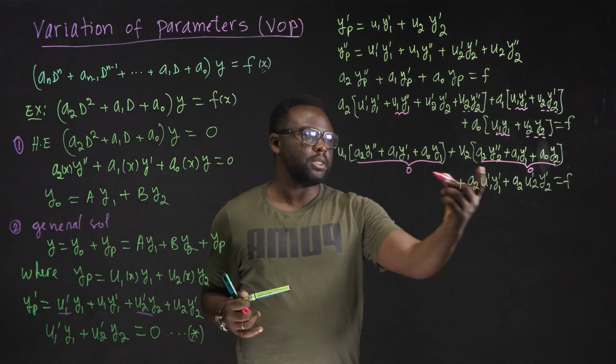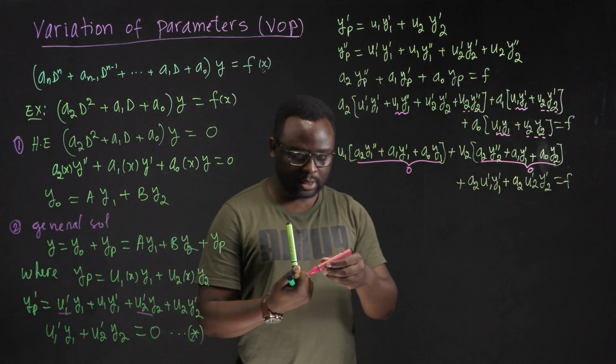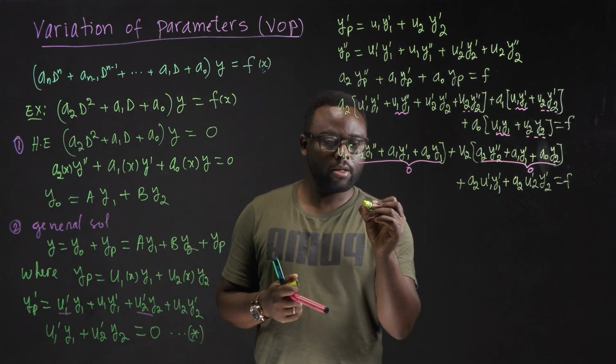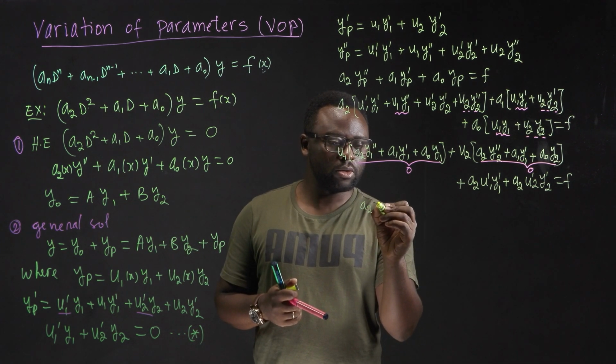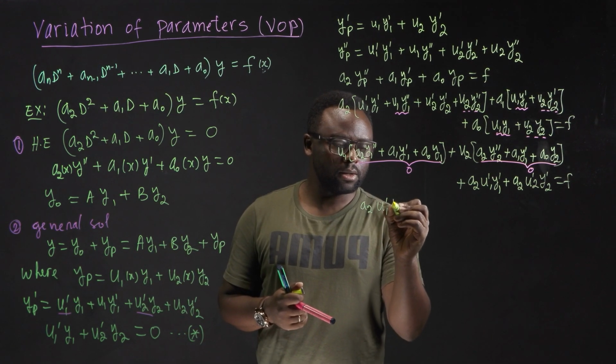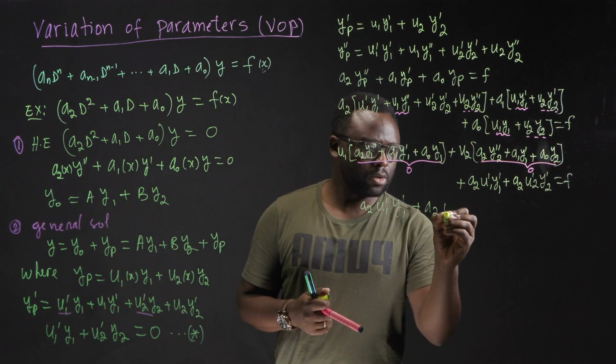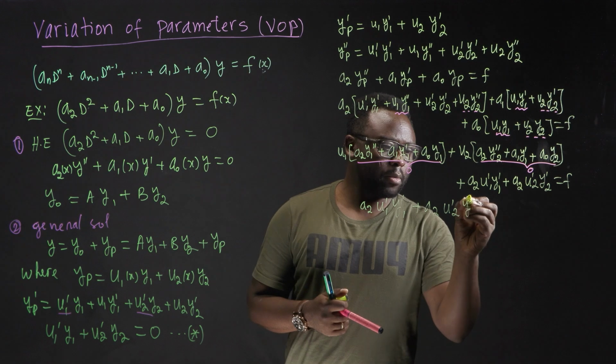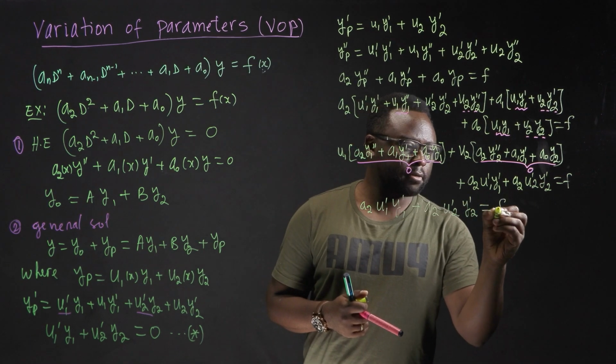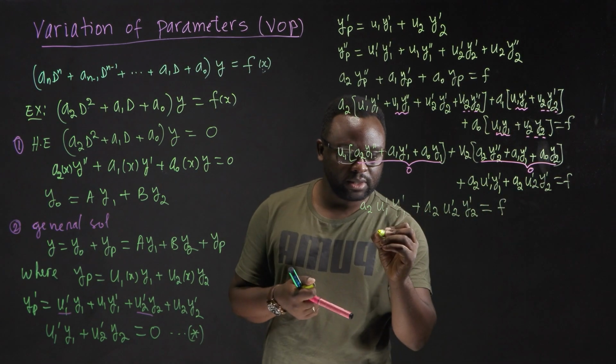That's why we have to set this to 0. So we remain with this equation. I can write it in this way: a2 u1 prime y1 prime plus a2 u2 prime y2 prime is equal to f. We can first divide this by a2.